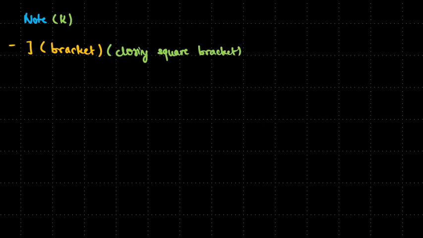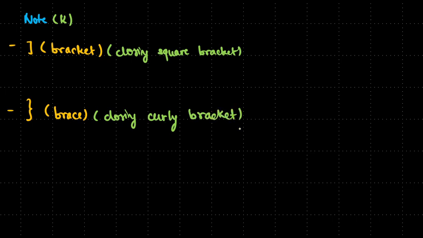And this is called a brace, or also a closing curly bracket. You might have heard of curly bracket more than brace, because most teachers say curly bracket, at least from what I have heard.